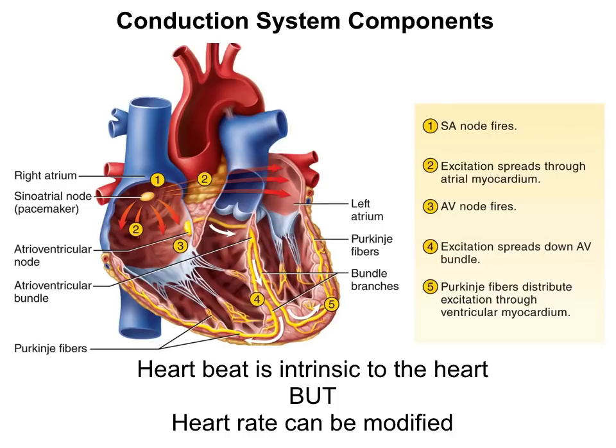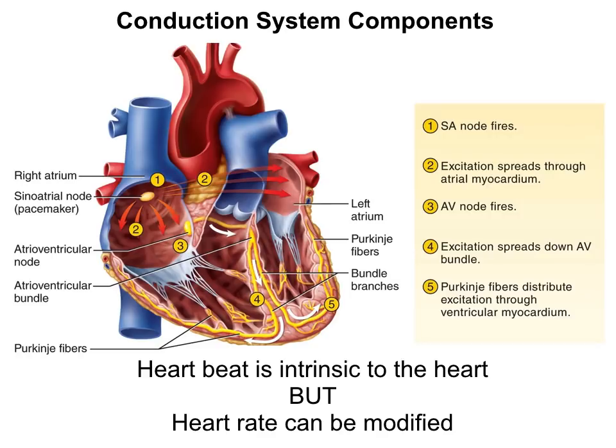Now, the sinoatrial node, so imagine it has sent off this giant burst of electricity. The action potential from here is now going to spread throughout both of the atria through what are called conducting cells.